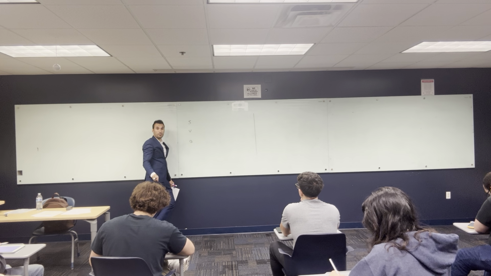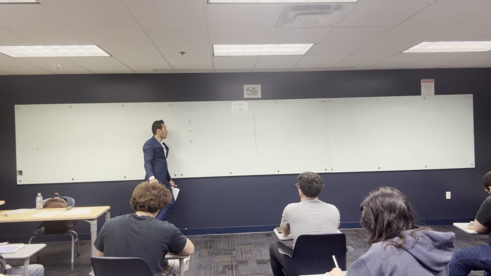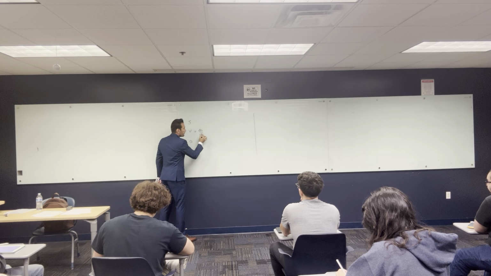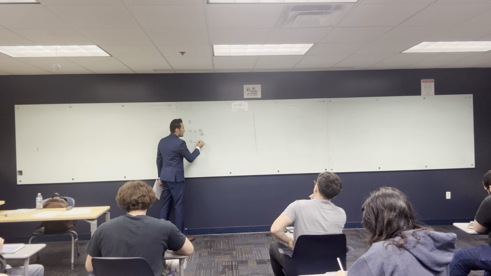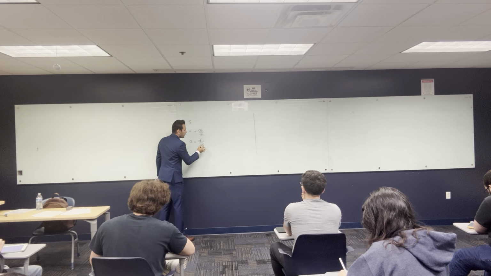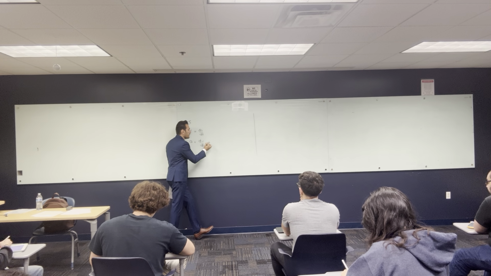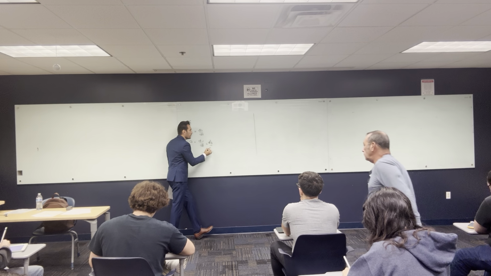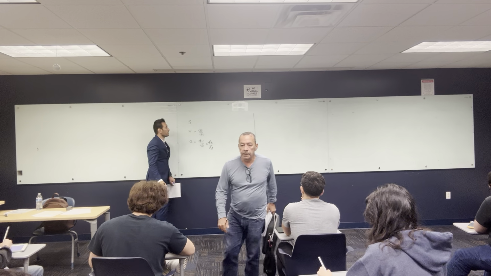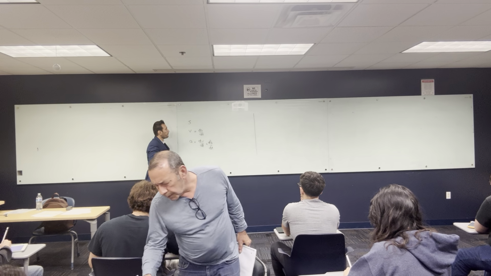We need to know the position with respect to an origin, the velocity, and the acceleration. And we found out that the velocity is the time rate of change of the position, and the acceleration is the time rate of change of the velocity.